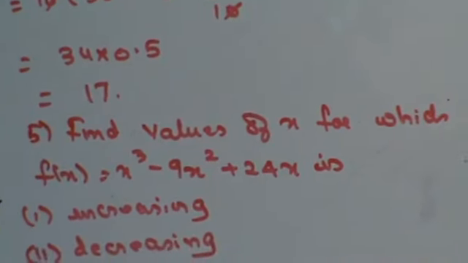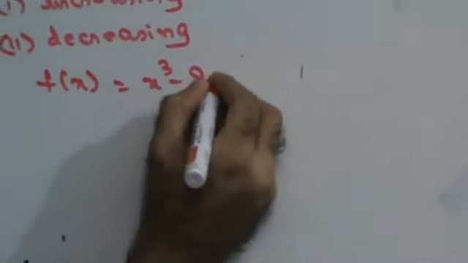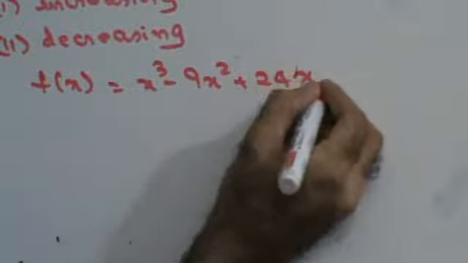Let's see this. They've given you the function f of x is x cube minus 9x square plus 24x.